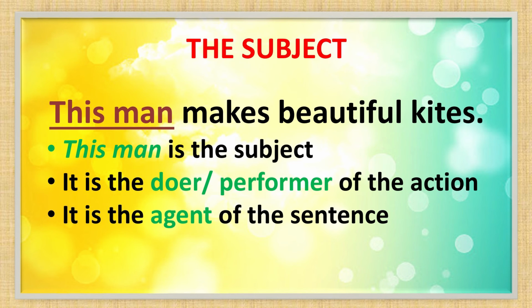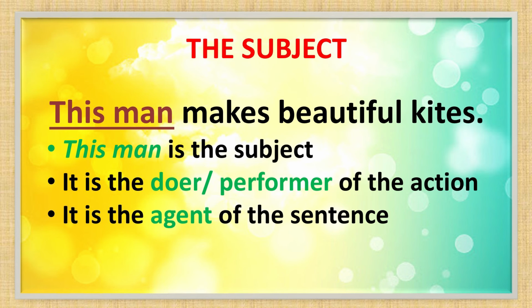It is also called the agent of the sentence. Agent means the agent always does something, it performs the action. Therefore, it is called the doer or performer of the action, the subject.